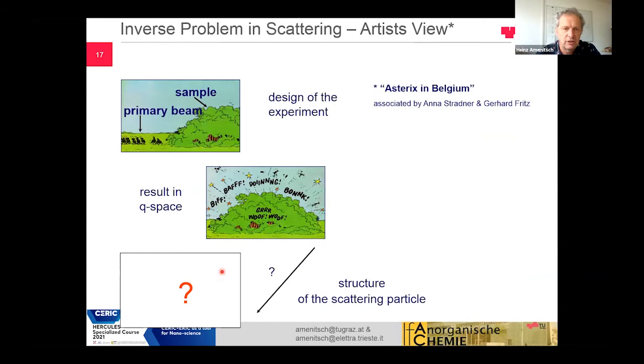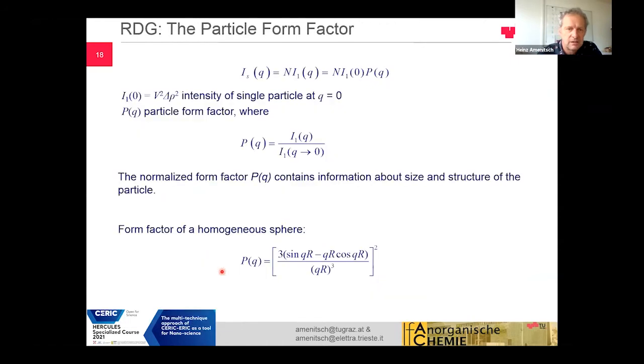Just want to jump over this. So what you also do is take the particle form factor. So you split up all the information from the electron density contrast, the shape or the volume of the particle. So volume squared is the forward scattering intensity. Then you can define a particle form factor, which has the value 1 at Q equals 0.